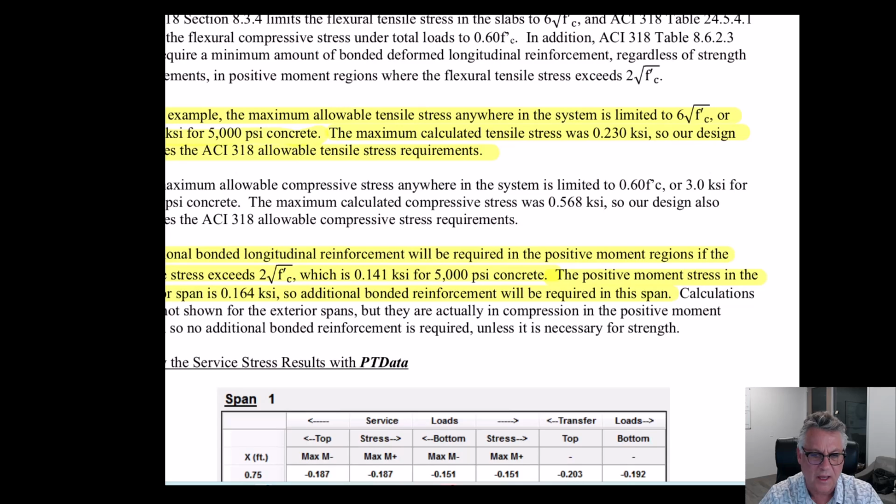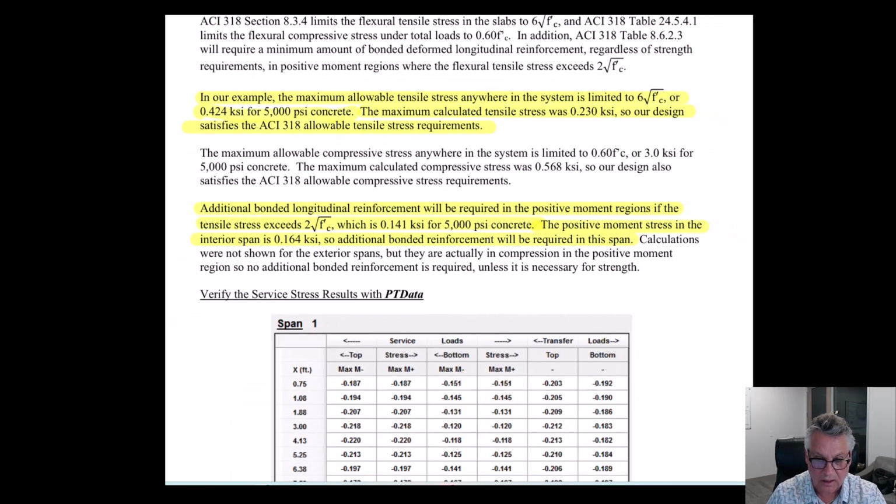So even though we are well below the 6 square root f'c, we're keeping track also of where we exceed 2 square root f'c in the positive moment regions. 2 square root f'c for the 5,000 psi concrete is 141 psi. We've exceeded that, so we are going to require additional bonded reinforcement, and we will get to how to calculate that in the next lecture. But it's important that we kept track of it right now.